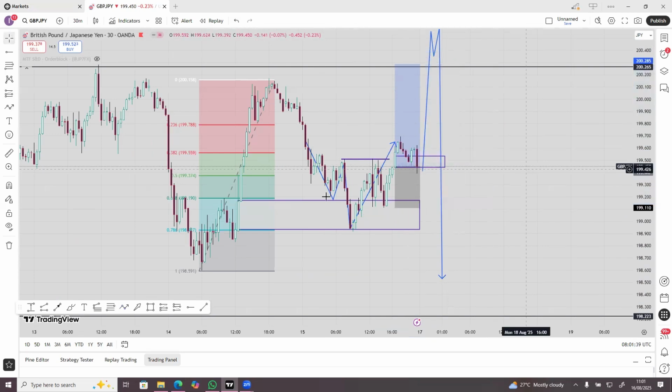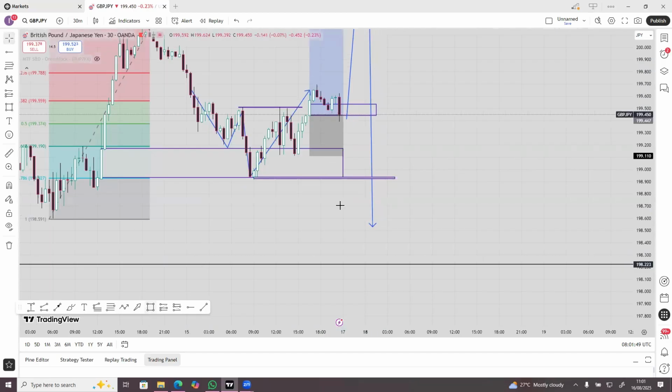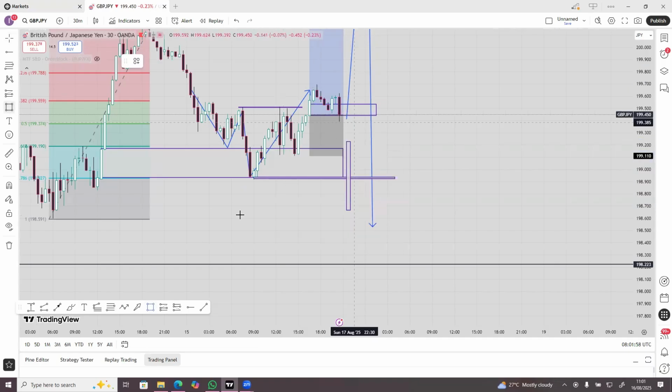Okay, so if that point is not respected, it means price will break that previous low. So when it cannot break this previous low, it indicates we're in a downtrend continuation. So you can wait for a retest of the FVG and then you can sell directly to the 4 hour.